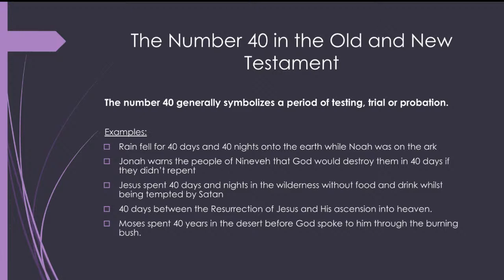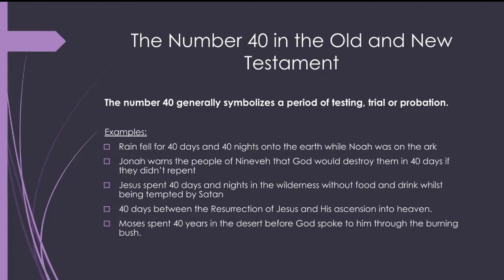One example is that rain fell for 40 days and 40 nights onto earth while Noah was on his ark. Jonah was sent to Nineveh in the belly of the great whale, as we have seen last year, to tell the people they have to repent.